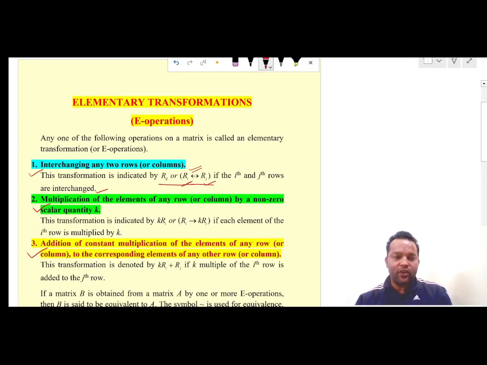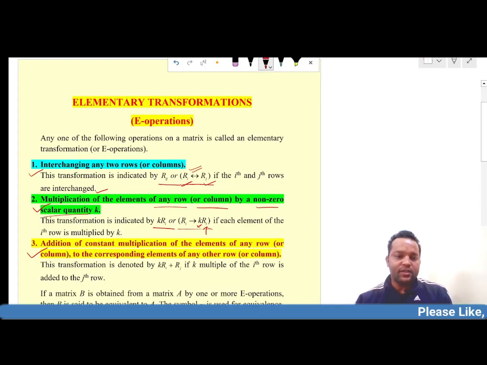The second elementary operation is that we can multiply all the elements of any row or any column by a non-zero scalar quantity, and this operation is indicated by Ri implies kRi. It means we first multiply all the elements of Ri by this non-zero scalar k, and then we obtain its ith row.